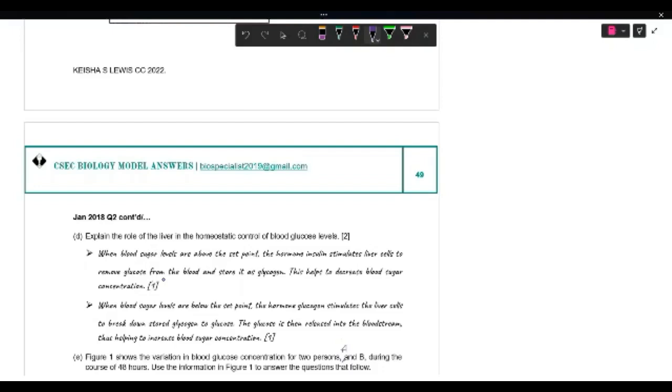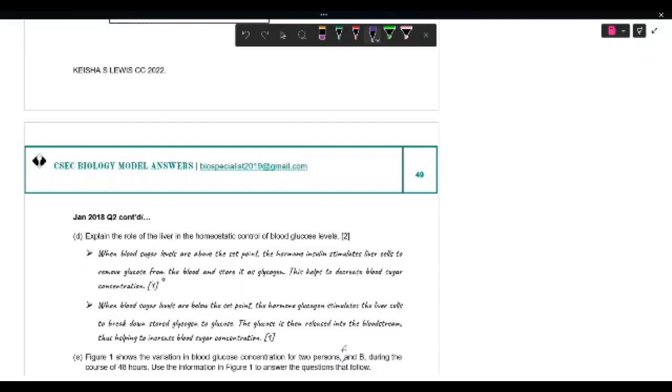So if the blood sugar level goes above that set point, then the hormone insulin is released, and the cells of the liver respond to this hormone by taking glucose from the blood and storing it as glycogen. And that would help to decrease the blood sugar concentration back down to set point.